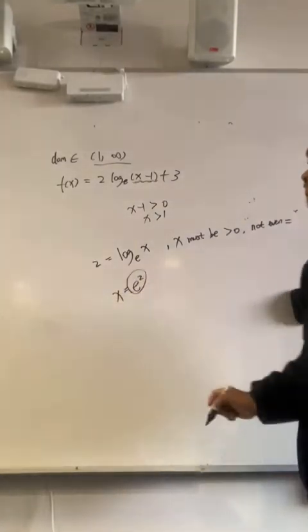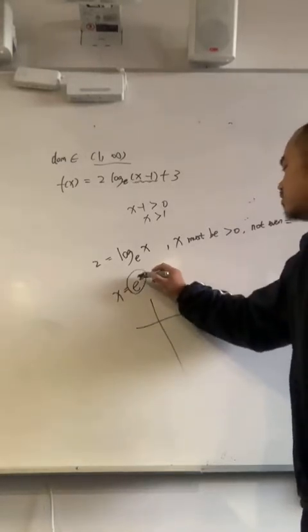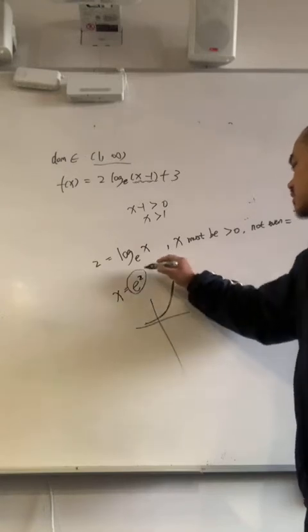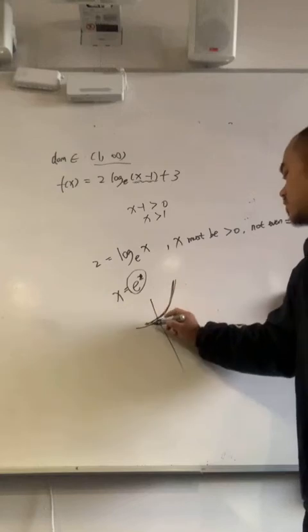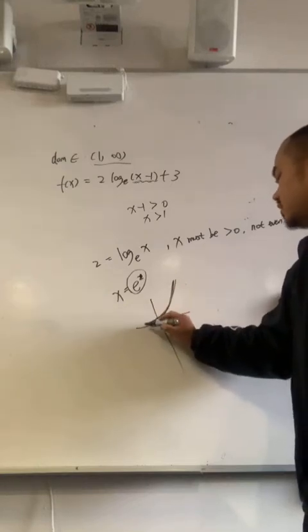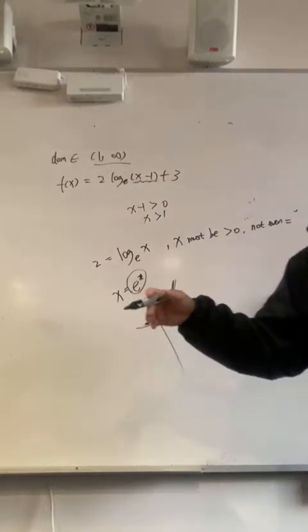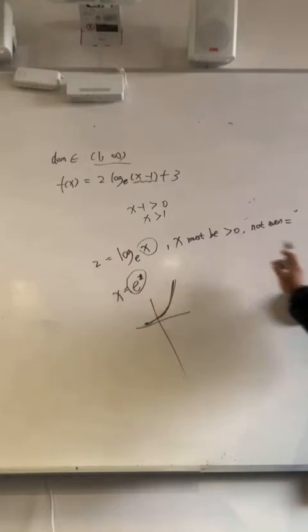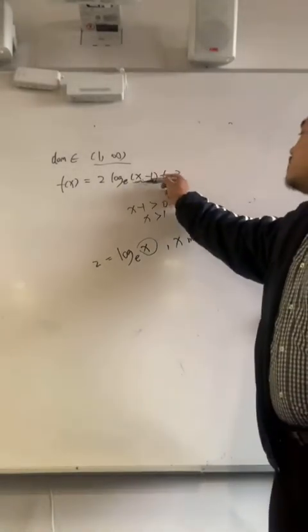This is the basic shape of the exponential. It will never go below or touch the x-axis. It's always bigger than 0. Therefore, this must be bigger than 0.